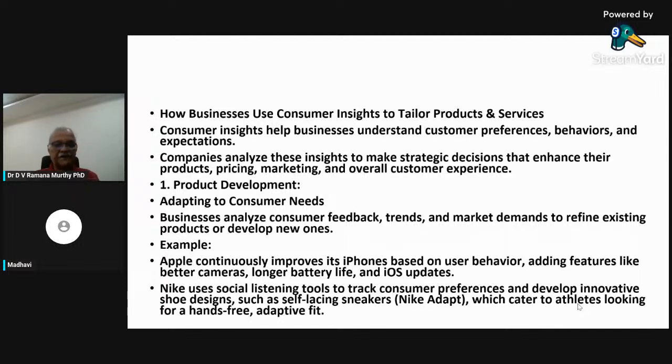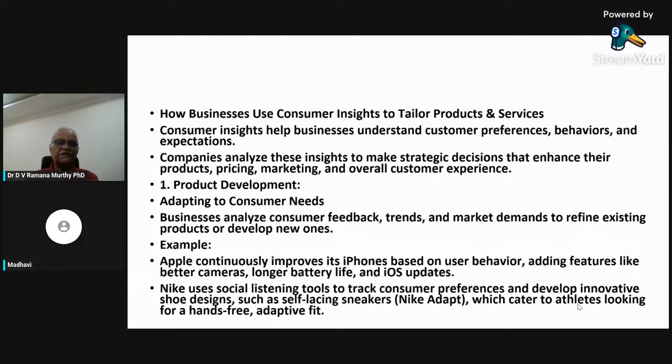Let's go one by one here. The first aspect of consumer insight is that it can help us with product development, that is, adapting to consumer needs. You can't think of producing a product or offering a service without taking cognizance of the customer's response, I mean customers' needs.